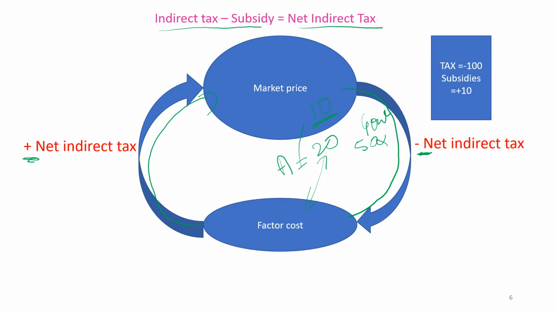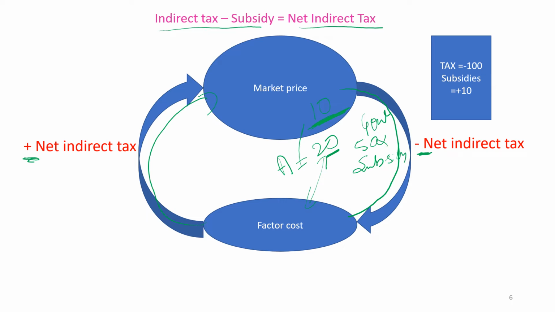Because the government has given a subsidy, that product is now 10 rupees. When you are arriving from market price to factor cost, what is the factor cost? 20. It is available at 10 rupees. The reason is that the subsidy is given.